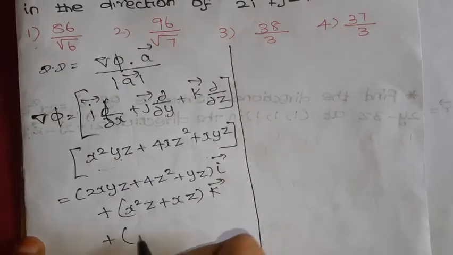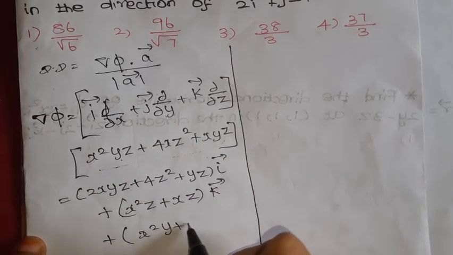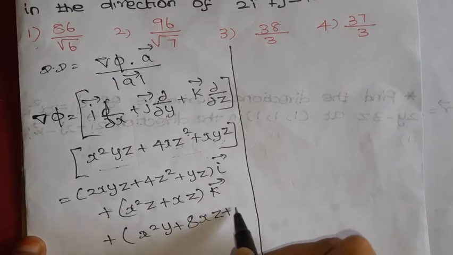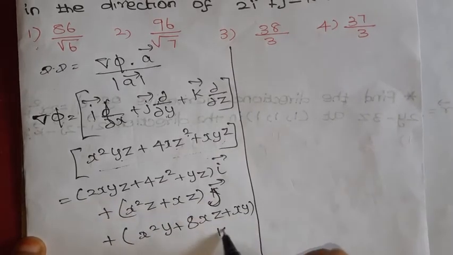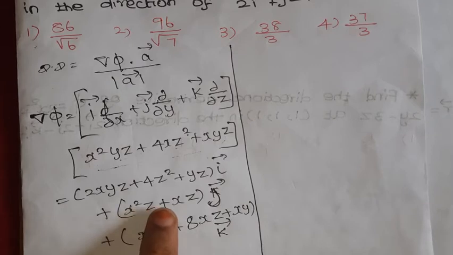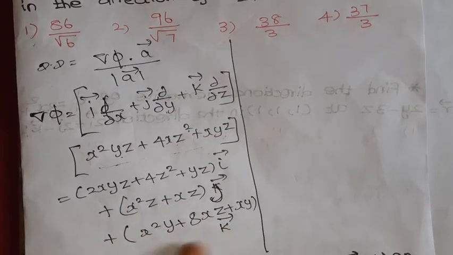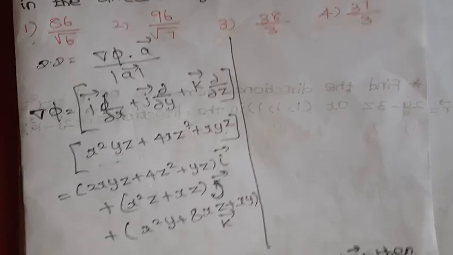Then dou by dou z of this term, we will get x squared y plus 8xz plus xy into k vector. This is j, this is k vector. Okay, 2xy plus 4z squared plus yz into i vector plus x squared z plus xz into j vector plus x squared y plus 8xz plus xy into k vector.